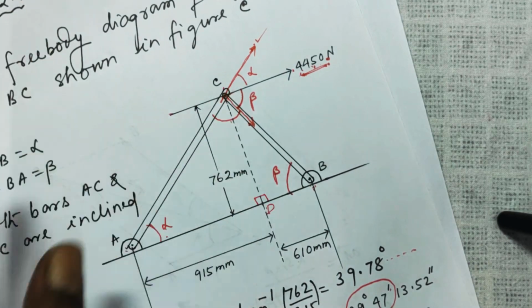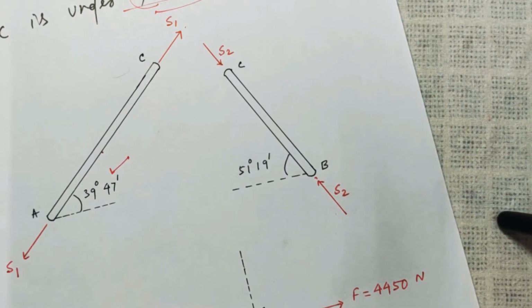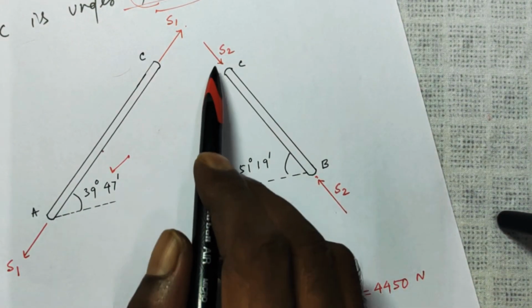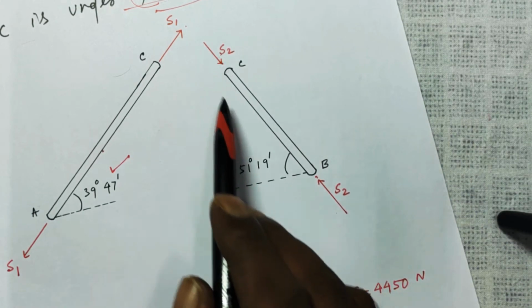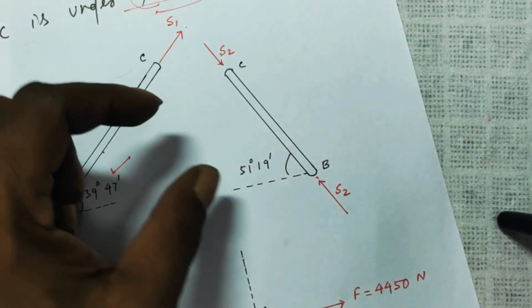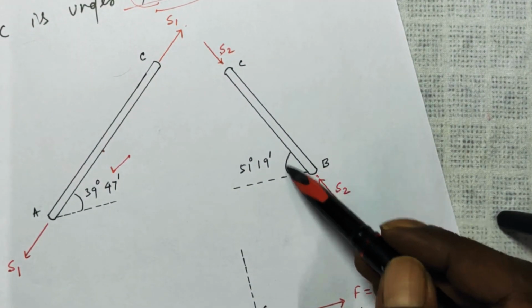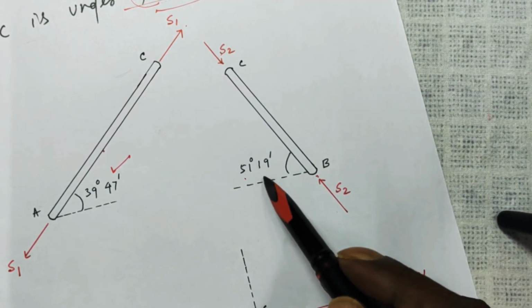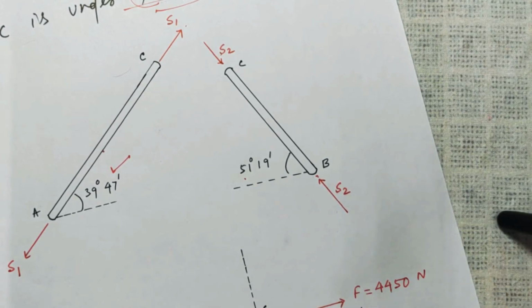So therefore I have shown S2, the compressing force, for the bar BC, and this angle we calculated, beta, as 51 degree 19 minutes.